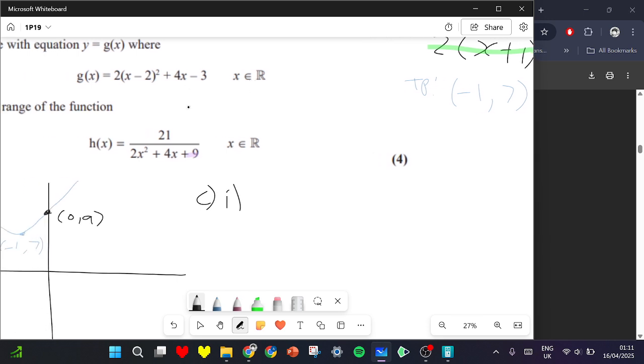And then if we just find the turning point for this, then we can figure out how much it moved by. So to do that, we have to expand this bit out because there's a 4x on the outside and we don't want that. So if you expand the brackets, you'd get that, and then if you times it by 2, you get this.